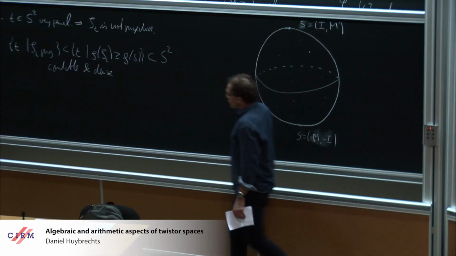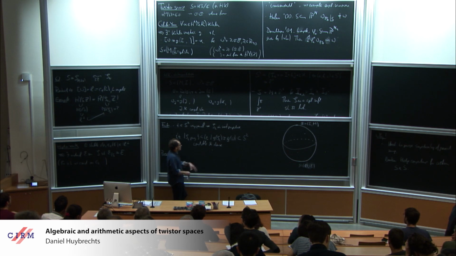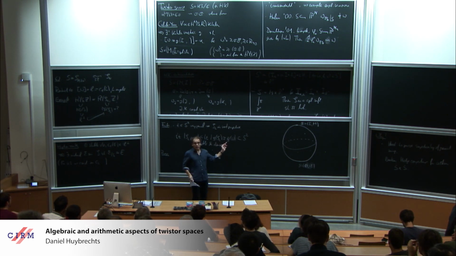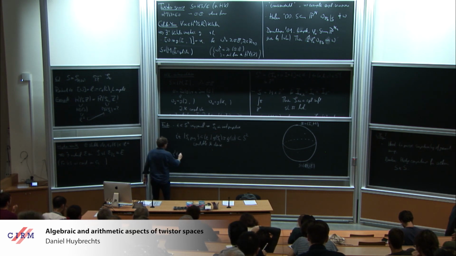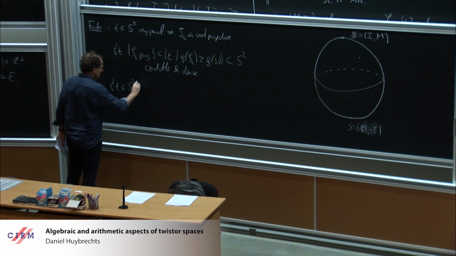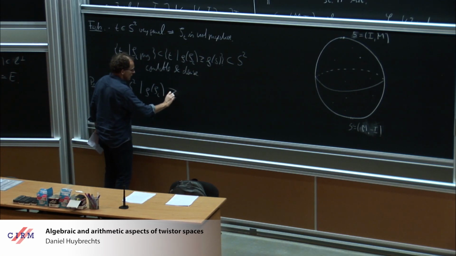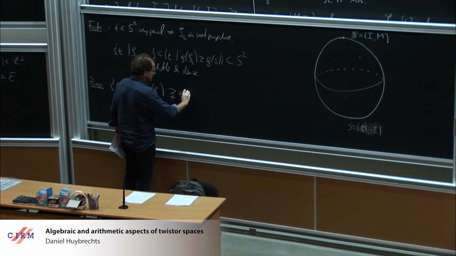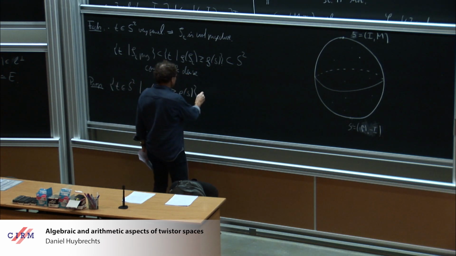Okay, so now you could be interested in the set where the Picard number is not only at least the Picard number of S, but actually bigger. So if I look at all the t's in S2 such that the Picard number of S_t is strictly bigger than the Picard number of S, this set is contained in the equator.